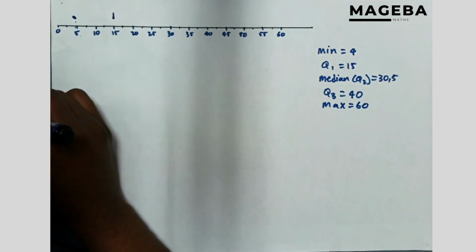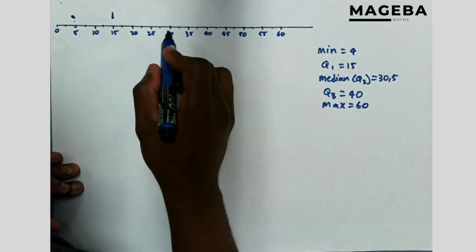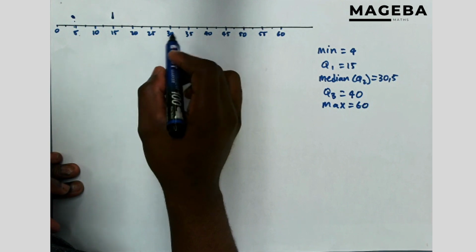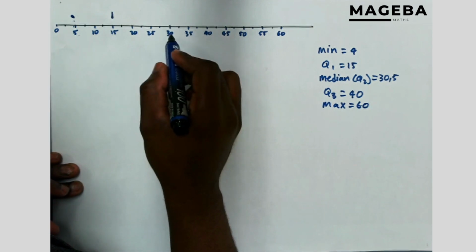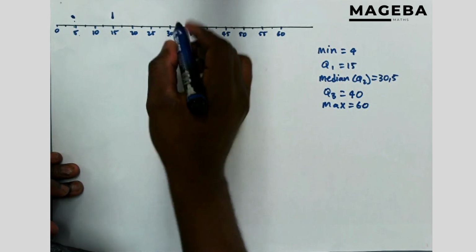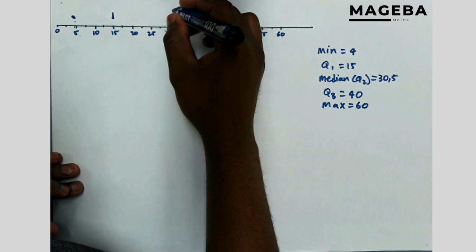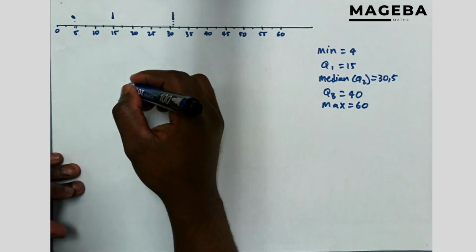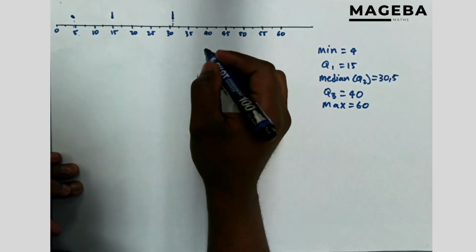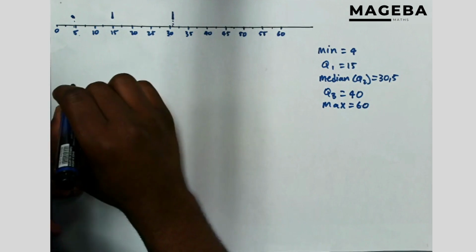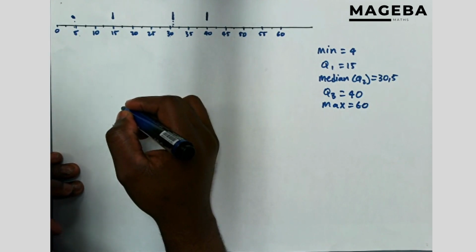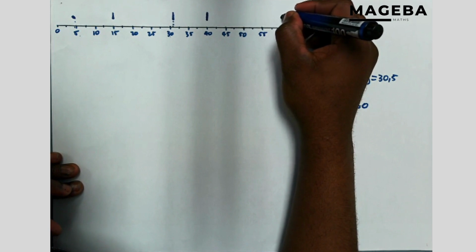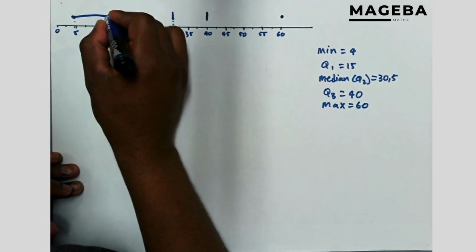The median, 30.5, is between 30 and 35 but doesn't reach 35, so it's next to 30, just here. Then 40, my Q3, is this one, and the maximum, 60, is just here. Now let me join my box and the whisker.